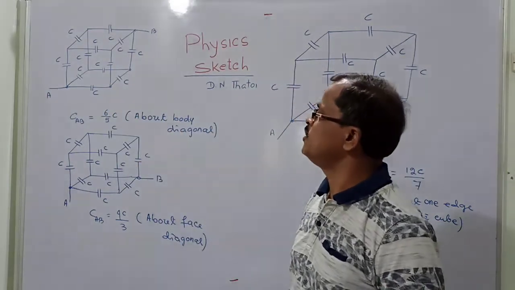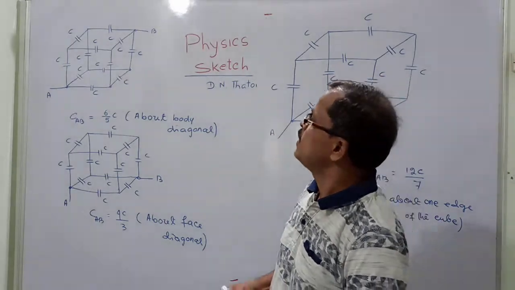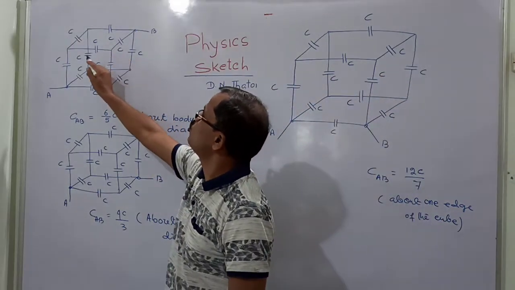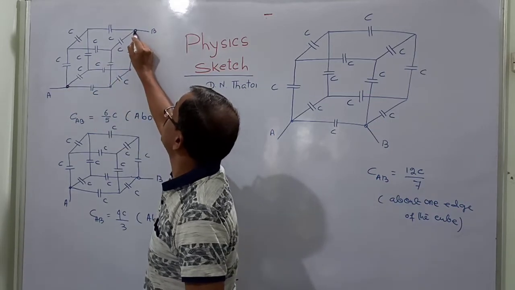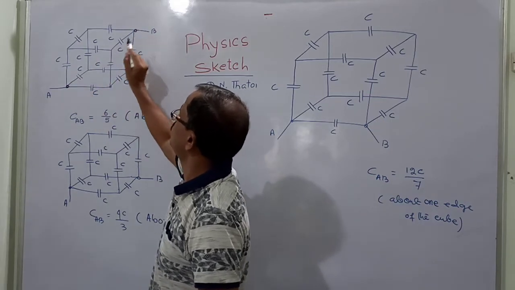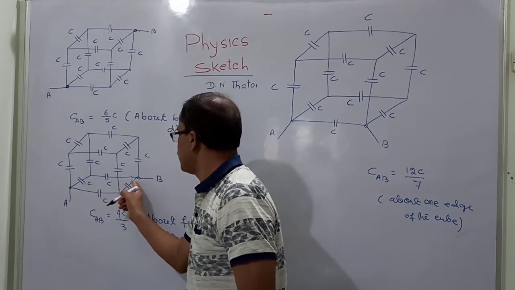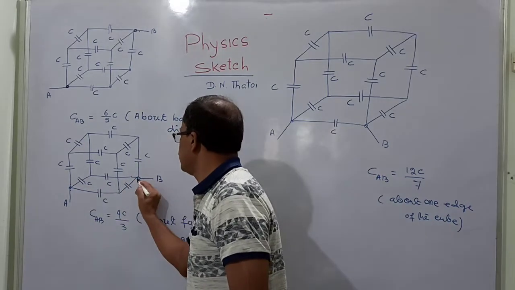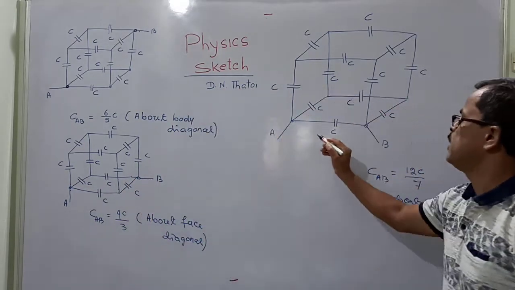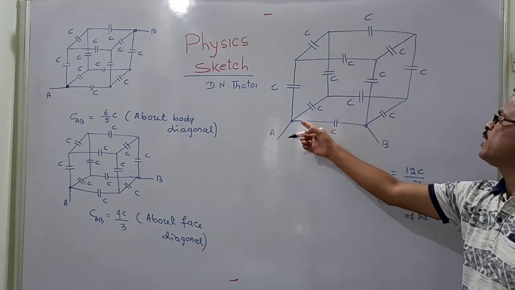In the last video, video number 4, we solved the net capacitance of a cube structure of 12 capacitors about the body diagonal of a cube. See, this is the body diagonal. This is called the face diagonal, because this is one face of the cube. And this is one edge of the cube; there are 12 edges.